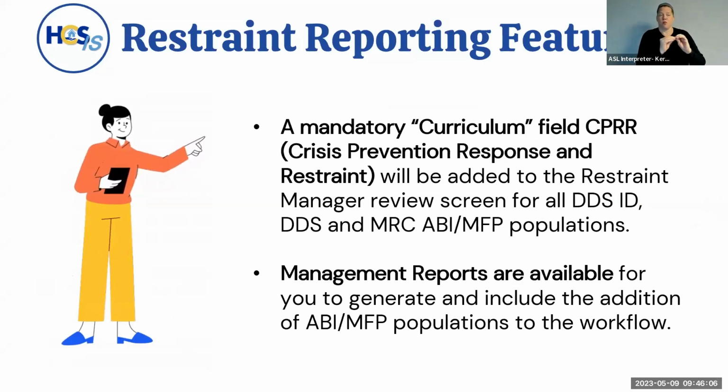With the addition of ABI-MFP populations, certain filter names have been changed and new filter options such as ABI-MFP area offices, regional offices, and waiver programs have been added to management reports to assist you in refining your report outputs.